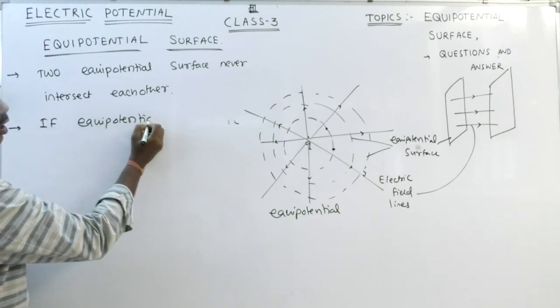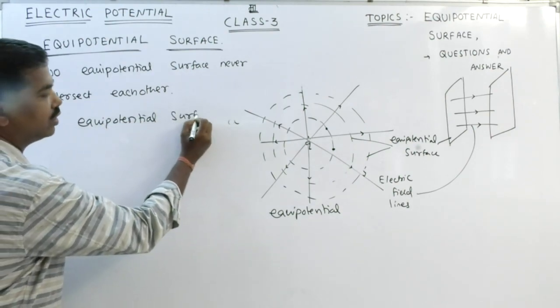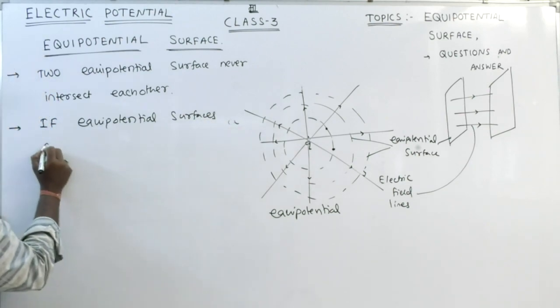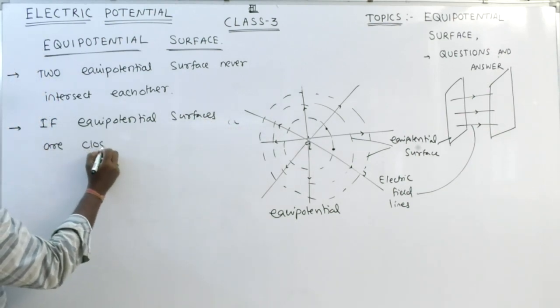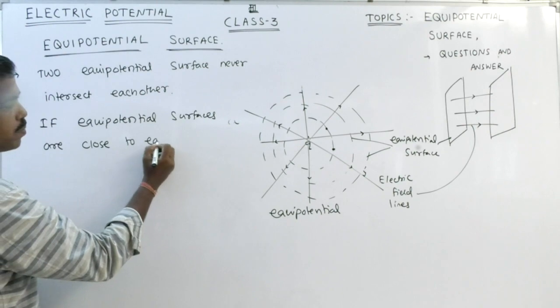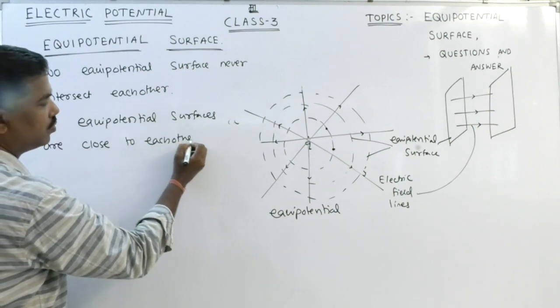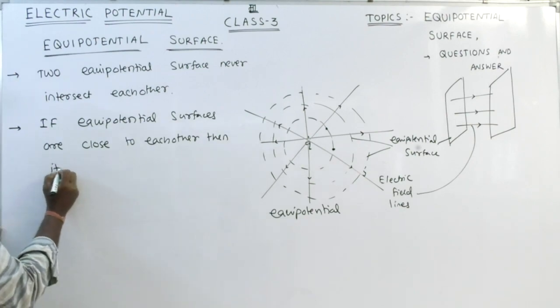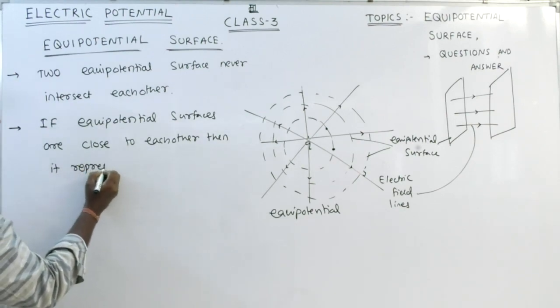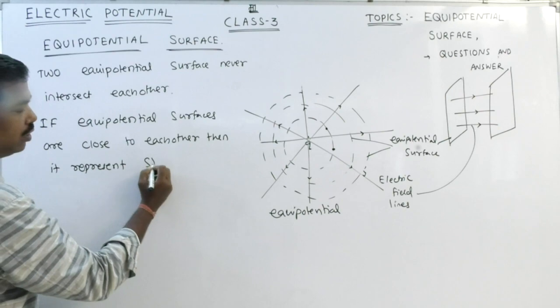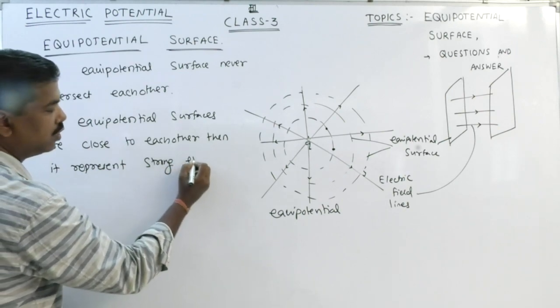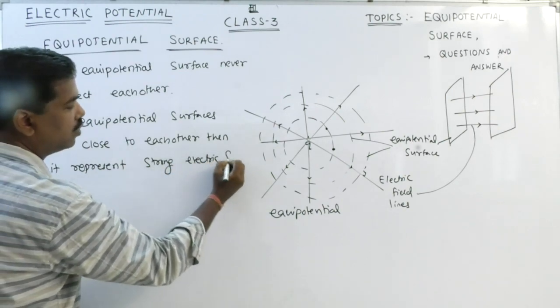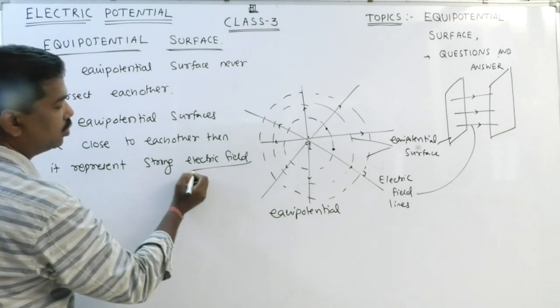If equipotential surfaces are close to each other, then it represents a strong electric field.